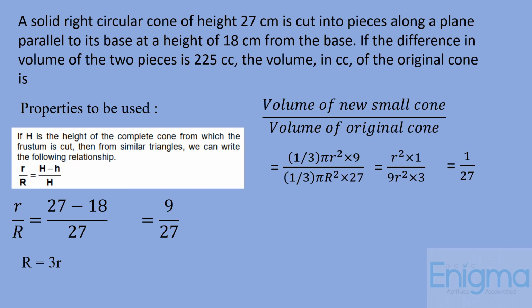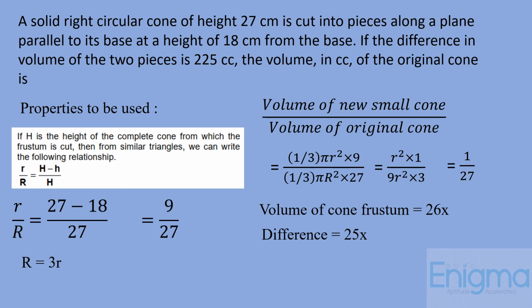Now the frustum is nothing but original cone minus the small cone. So we can assume that the volume of cone frustum is 26x. Now the volume of small cone we have assumed as x and volume of cone frustum as 26x. So the difference between them becomes 25x.